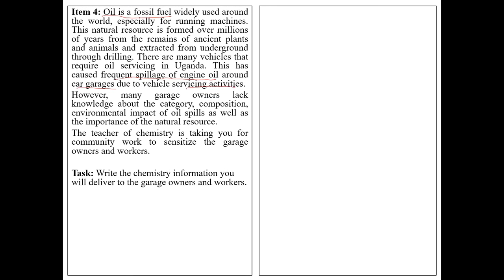However, many garage owners lack knowledge about the category, composition, environmental impact of oil spills, as well as importance of the natural resource. The teacher of chemistry is taking you for community work to sensitize the garage owners and workers. Task: write the chemistry information you will deliver to garage owners and workers.